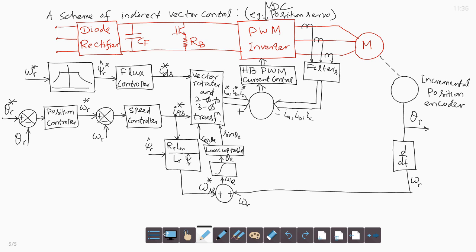The command value of the flux component of the current, ID star, is obtained from a flux controller. The flux command value is obtained from the speed command value through a field weakening control algorithm, and then actual flux is also considered, so that the flux controller generates ID star.